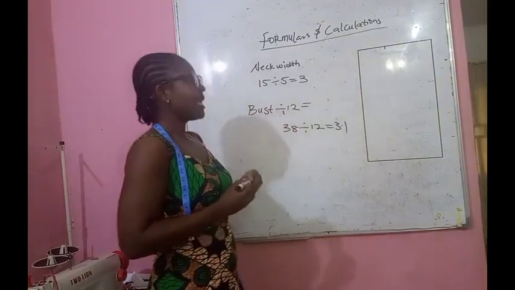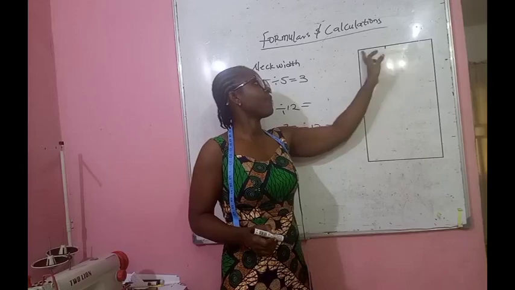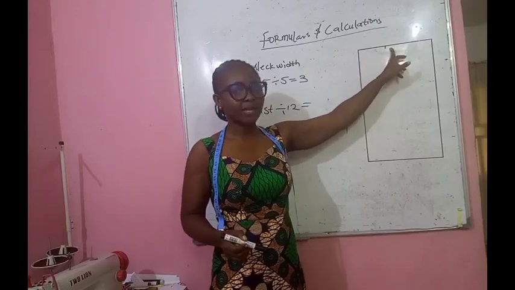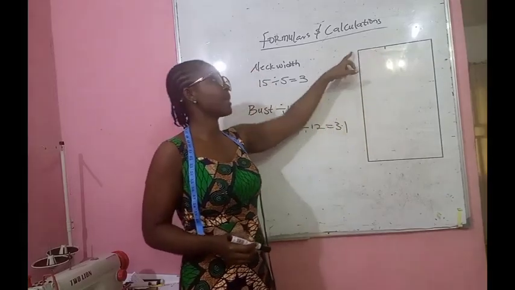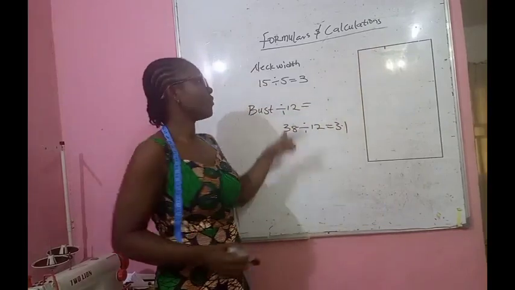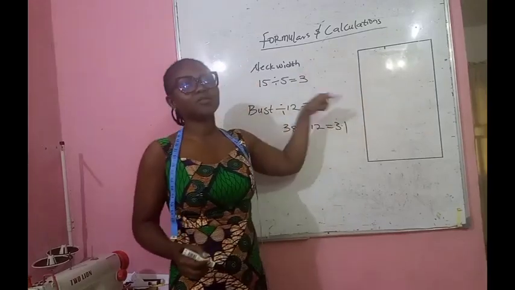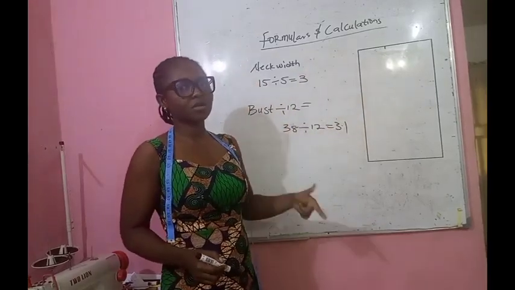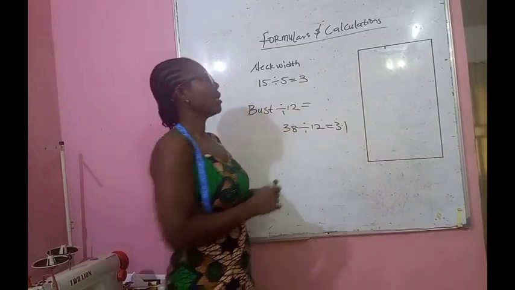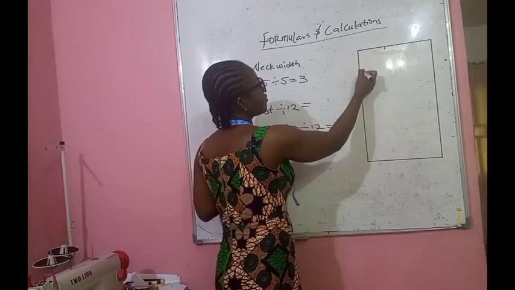Okay? Now, for whatever you have as your neck width, you're going to mark the same thing as your neck depth for the front. If you have 3 inches for your neck width, you're going to mark 3 inches for your neck depth. For the front, this is a basic guide. Okay, so we're going to mark the same thing for the front.